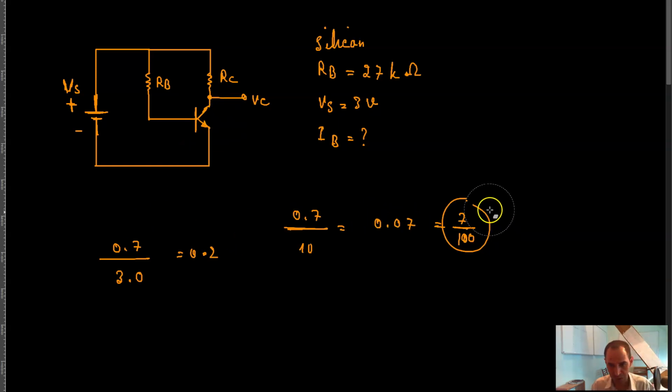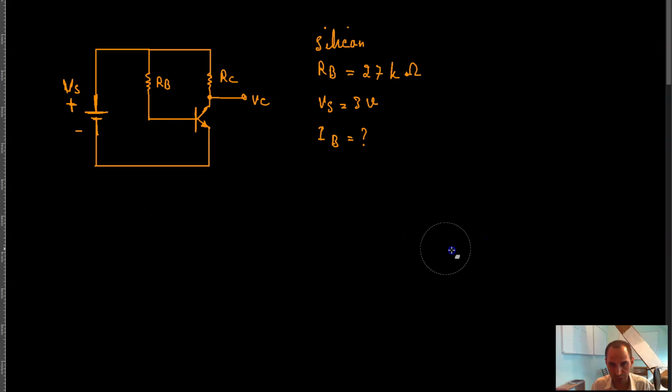And as a result, of course, you need to take those into consideration in your calculation. Meaning that, in this particular case, if I want to calculate my base current, which is the current that goes through this resistor and the base emitter junction and so forth, I need to calculate that using the current that goes through the resistor, because I cannot apply Ohm's law to the transistor.